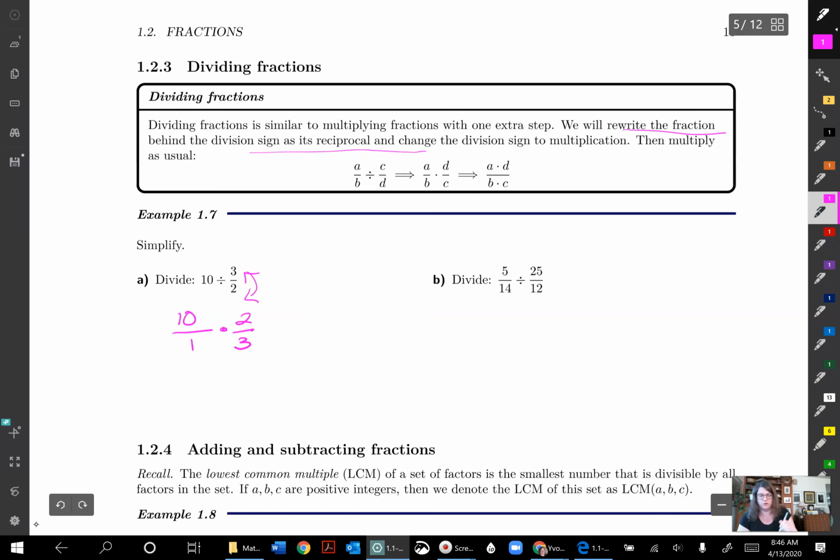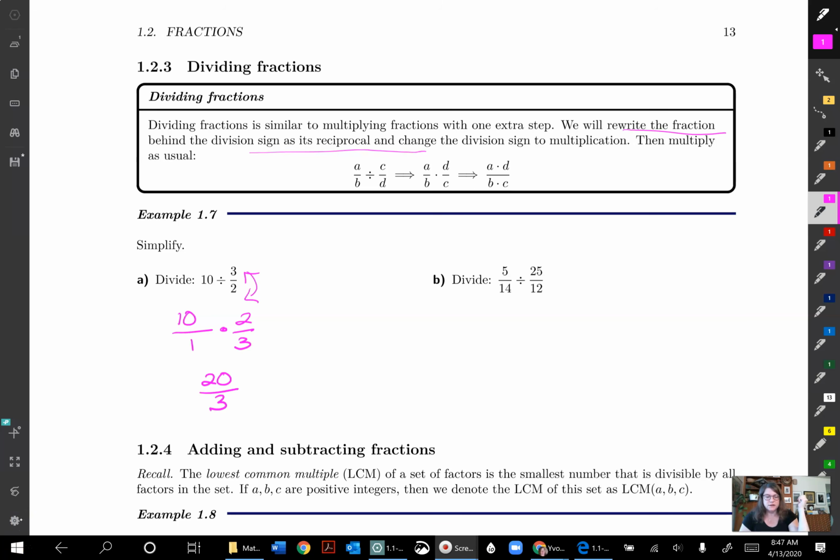That's called the reciprocal. Again, I'm not teaching this from scratch. In Math 92, I would go through all the components of why we do that. Hopefully you've already had that. If you have not, just let me know, and if you're curious, I can send you a video or make one that explains that. Then we just multiply, and we get 20 over 3.